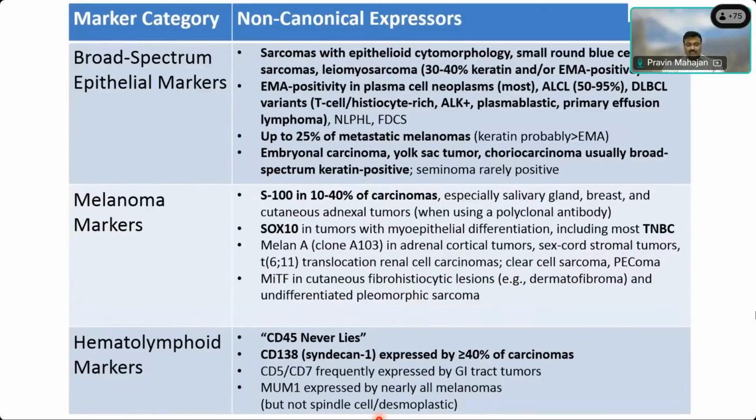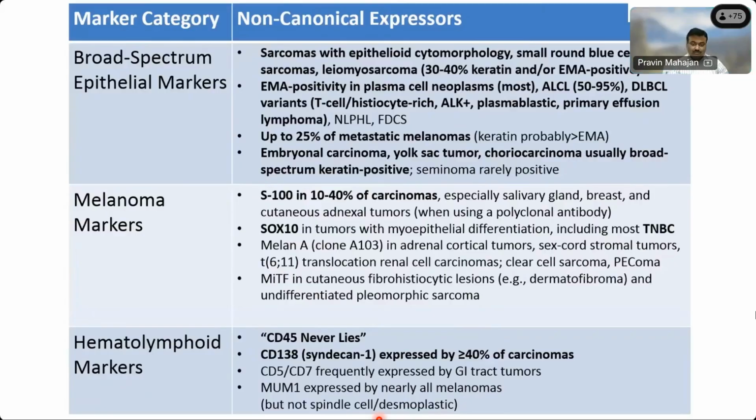Like in hematolymphoid markers, like CD138 we do, more than 40% of the carcinomas or epithelial lesions will be positive for CD138. So let's say in a small biopsy, you think something looks like a plasma cell neoplasm. You just do CD138, it is positive, that doesn't mean plasma cell neoplasm. If you have any suspicion that it could be epithelial or carcinoma, then you have to do CK, EMA, and other markers.